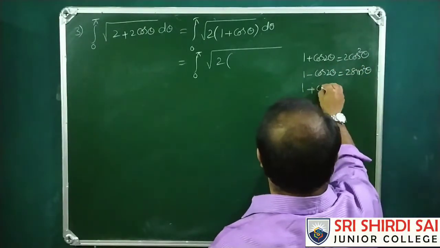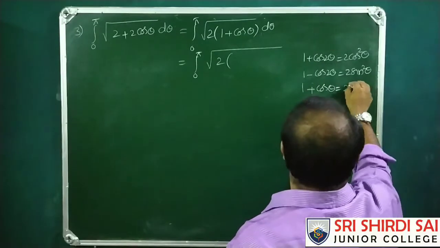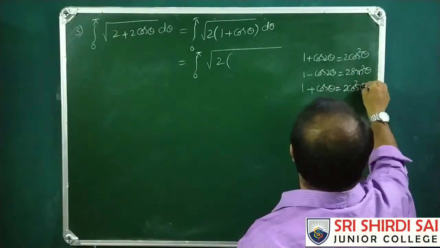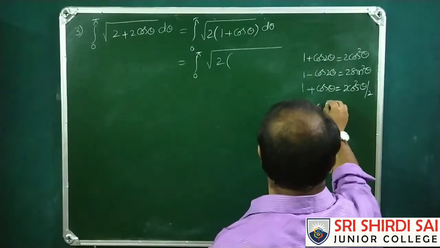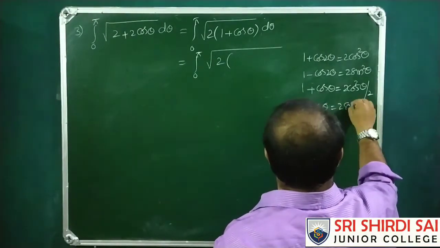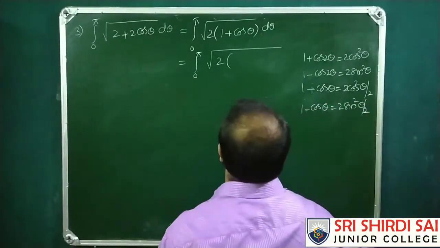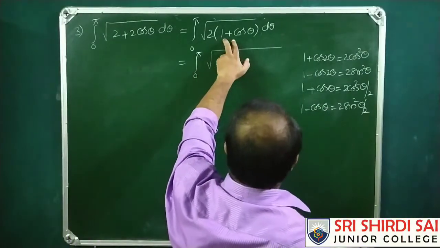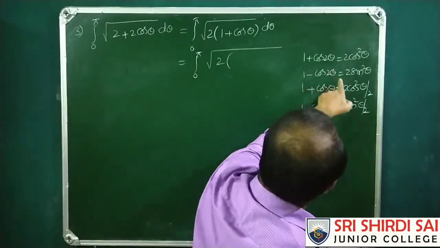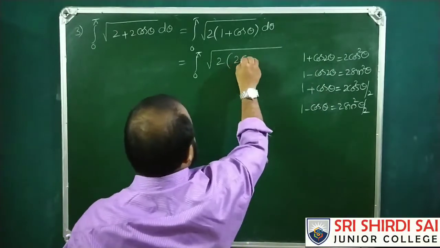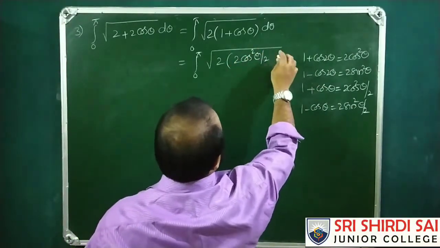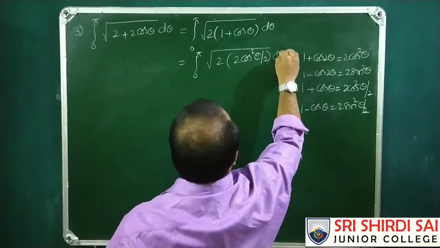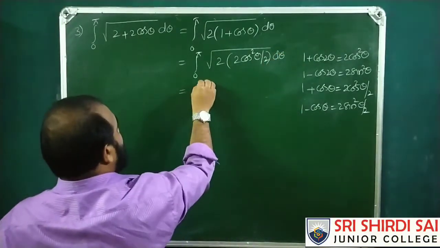Similarly, what is 1 plus cos theta then? 2 cos square theta by 2. Similarly, 1 minus cos theta is 2 sin square theta by 2. So using this trigonometric identity, 1 plus cos theta is 2 cos square theta by 2, d theta, from 0 to pi.